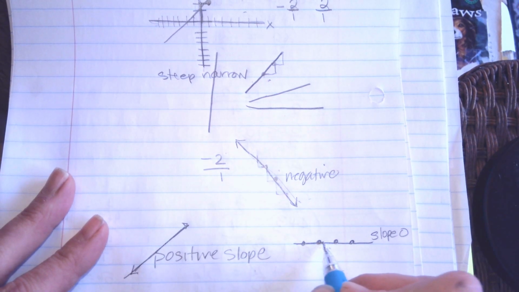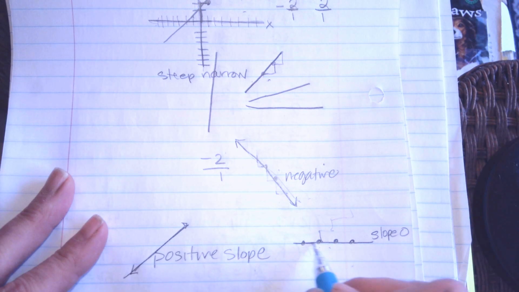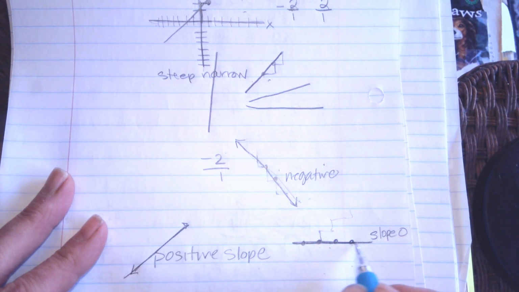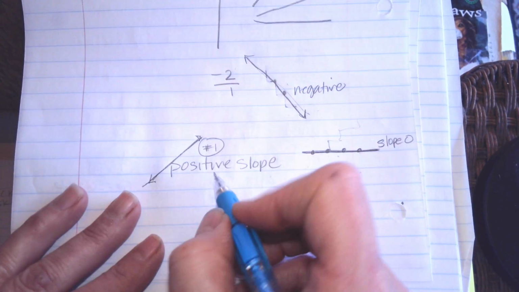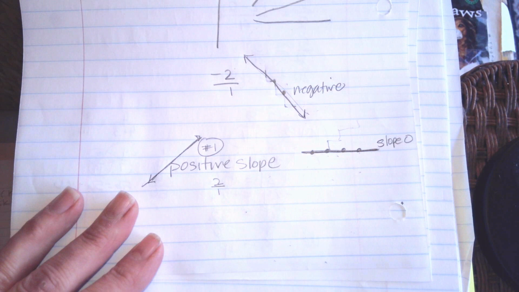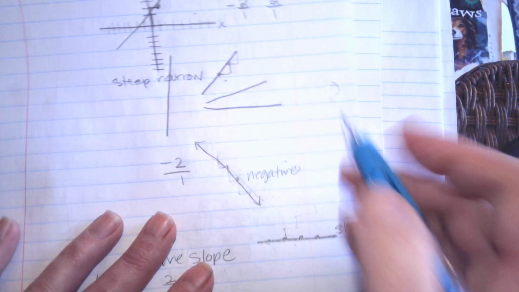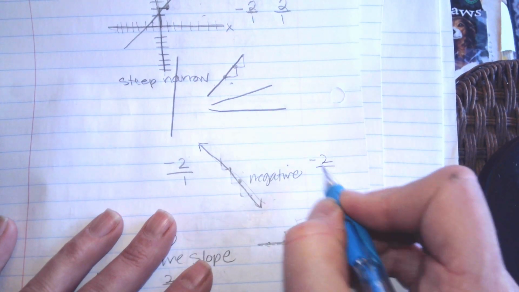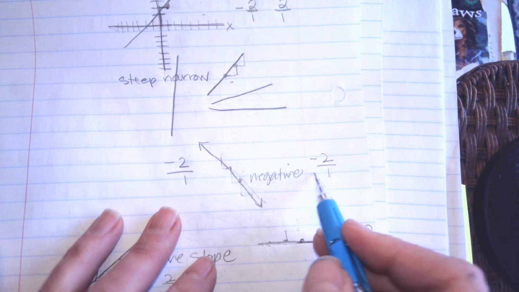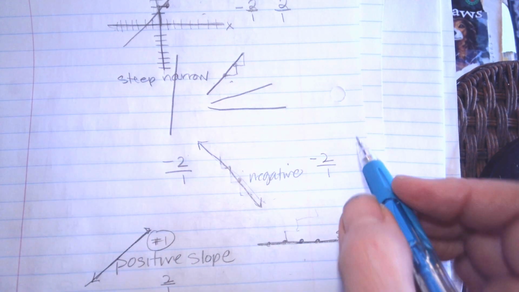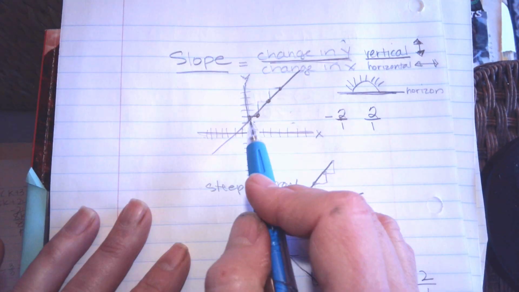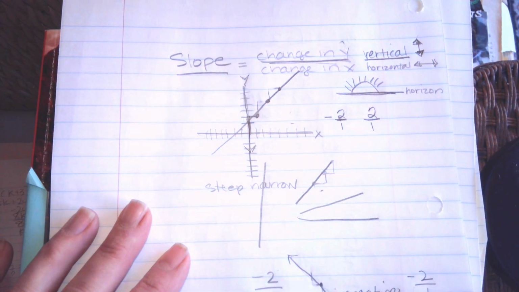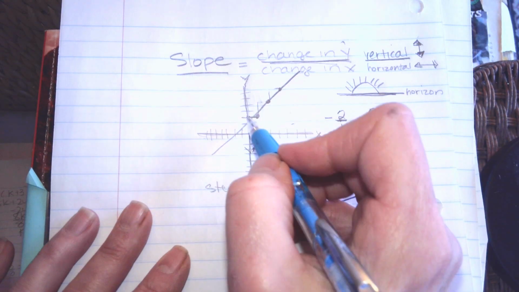You don't go up and down. It just goes straight across. So we have a positive slope, and that would be a fraction that is positive. A negative slope would be a fraction that is negative. And the negative always goes with the y, which is the vertical. So if it's negative, you're going to be going down. And if it's positive, you're going to be going up.